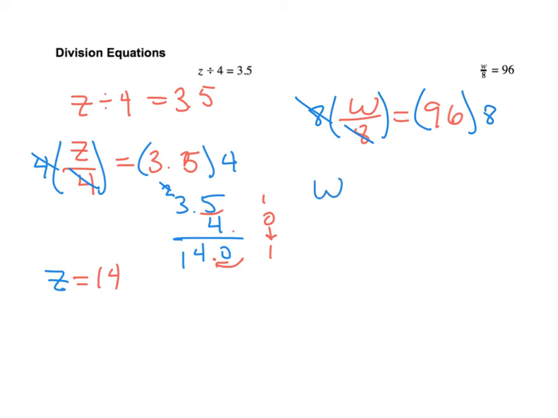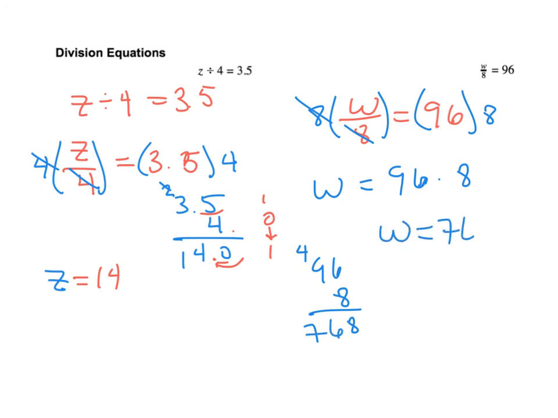So now w is equal to 96 times 8. If I do that multiplication on the side over here, 96 times 8. 6 times 8 is going to be 48. 9 times 8 is 72. Plus 4 is 76. So w is equal to 768.